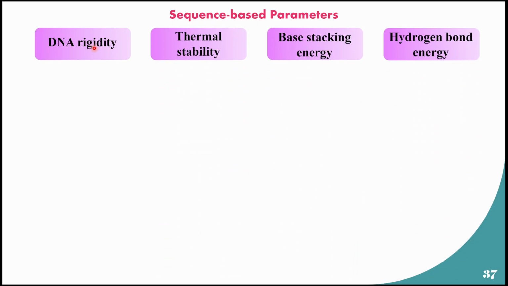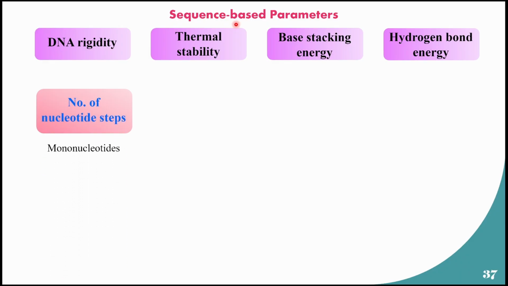On the protein side, we saw that you can calculate compositions and hydrophobicity, these kinds of parameters. On the DNA side, of course, you have DNA rigidity, thermal stability, base stacking energy, and hydrogen bonding energy that you can calculate directly from the sequence, if you have the information of those parameters in terms of dinucleotides and trinucleotides, as we discussed earlier, right?